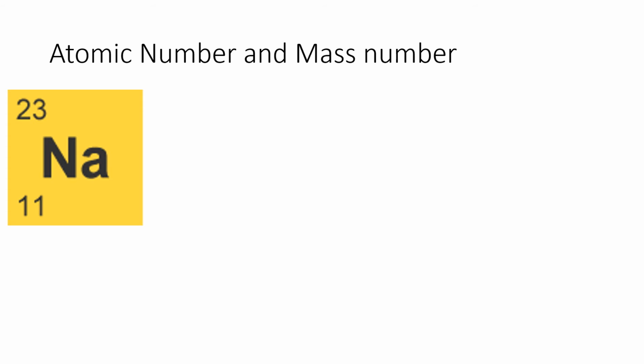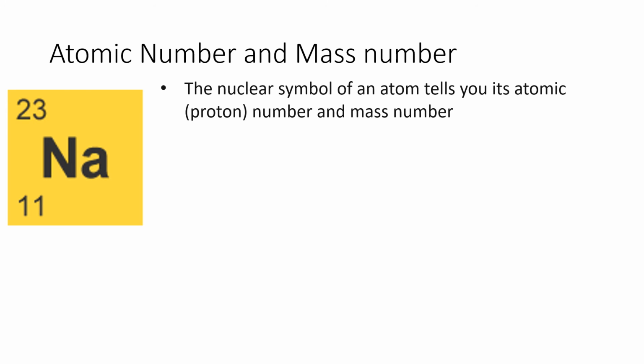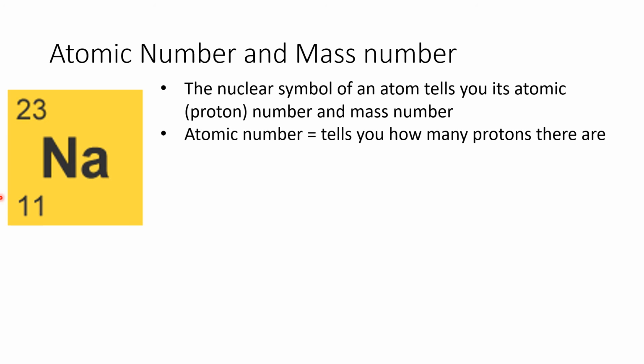If we move on to atomic number and mass number. The nucleus symbol of an atom, which is just this thing here, tells you its atomic proton number and mass number. The atomic number, which is this 11 below, in all cases for any element symbol, tells us how many protons there are.